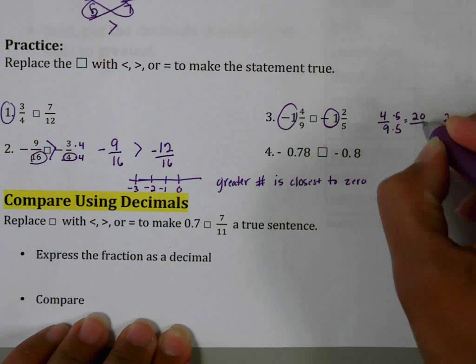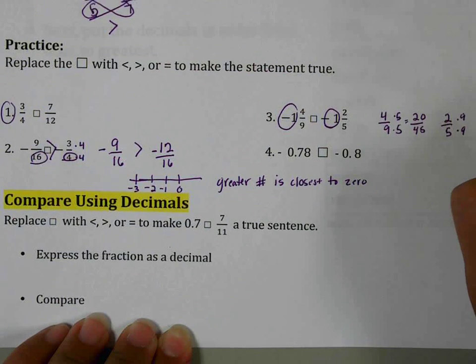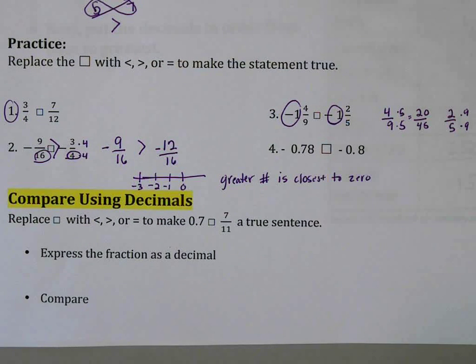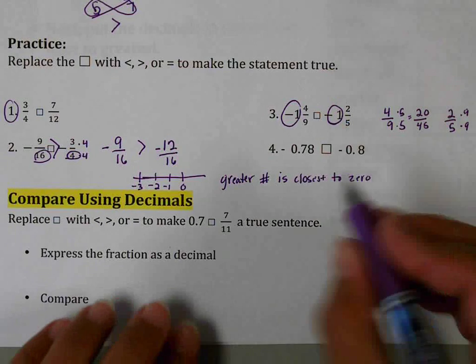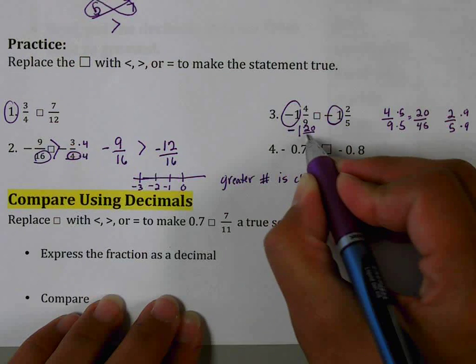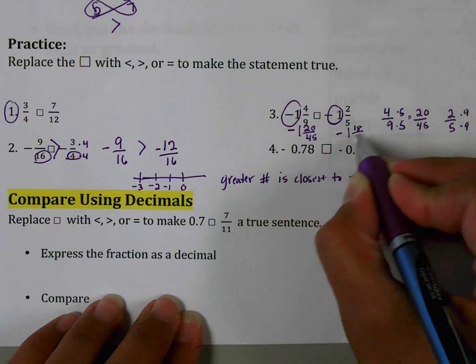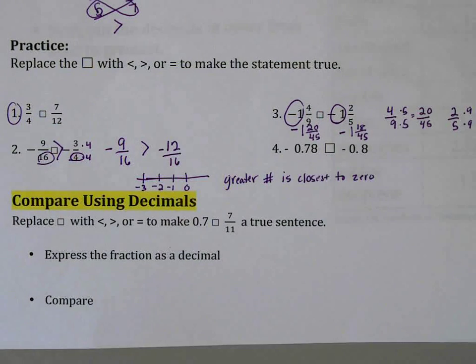So I get 20/45 and 18/45. Okay, so I have a -1 and 20/45 and a -1 and 18/45.